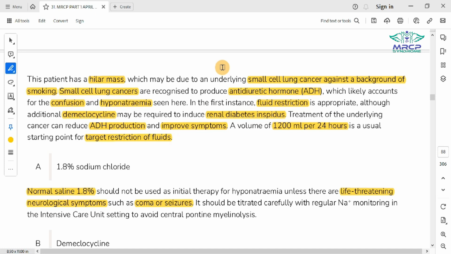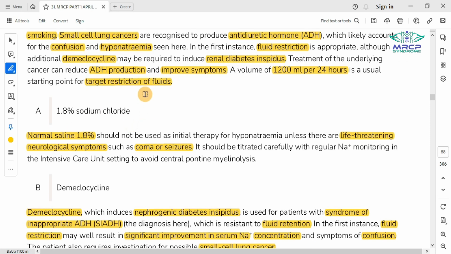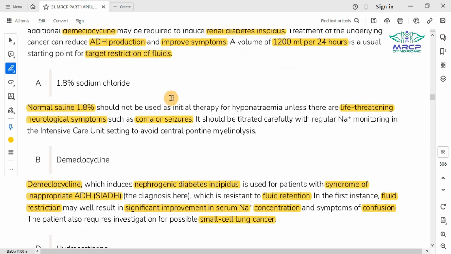Although additional demeclocycline may be added to induce renal diabetes insipidus, treatment of the underlying cancer can reduce ADH production and improve symptoms. A volume of 1.2 liters per 24 hours is a usual starting point for targeted restriction of fluid. And whenever, in case of true hyponatremia, the patient comes up with life-threatening neurological symptoms, you can go for 1.8% sodium chloride.